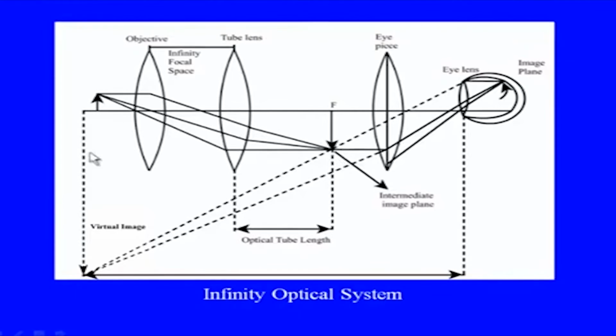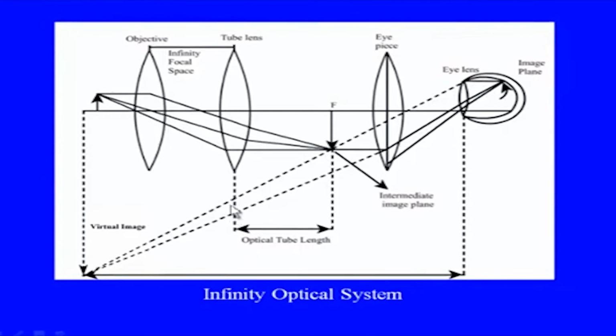And like in other systems, a virtual image is formed here, which is erect and which is at around 250 millimeter or 25 centimeter, and then finally the eye lens will form a magnified image which is inverted on the retina, but perceived upright by us, the viewer.